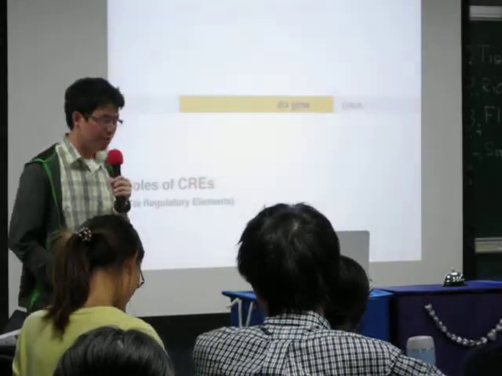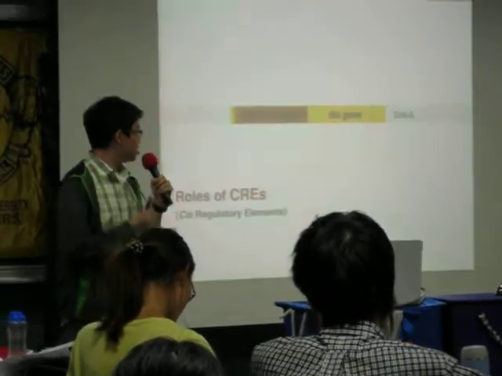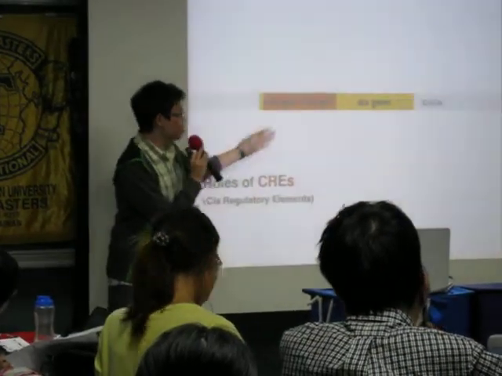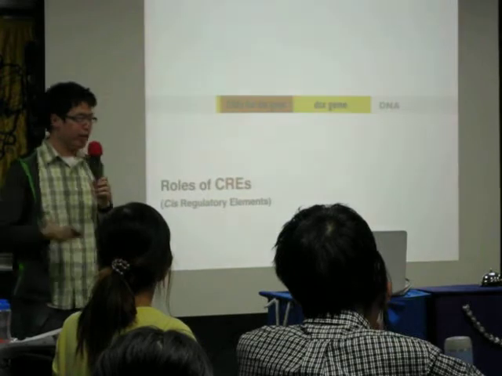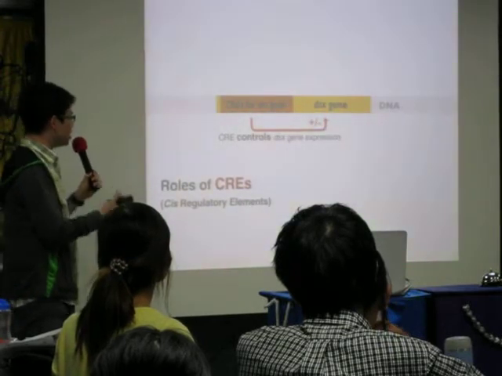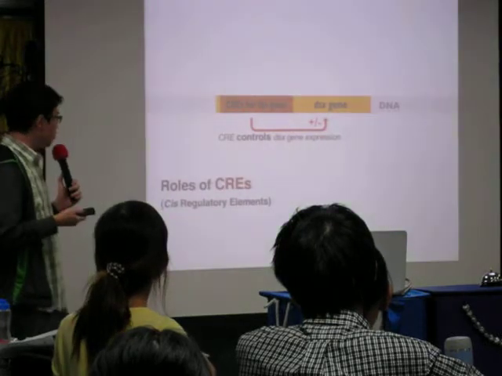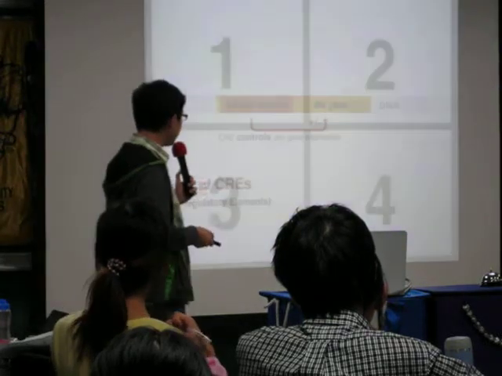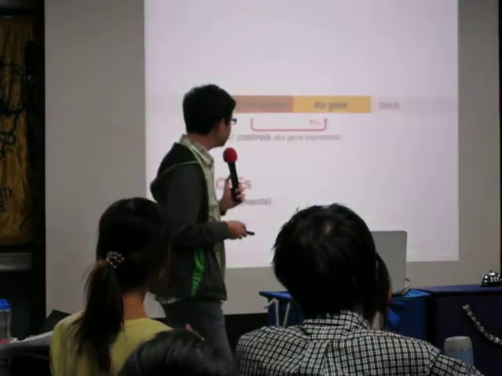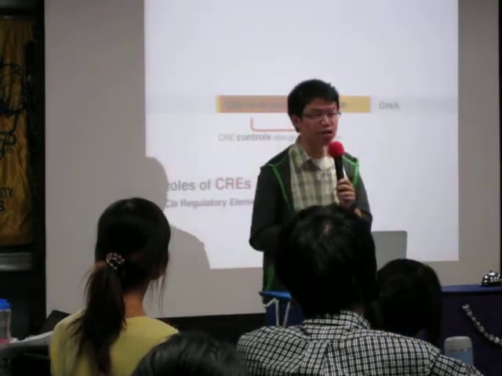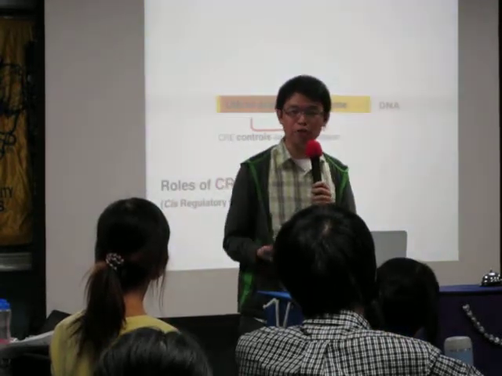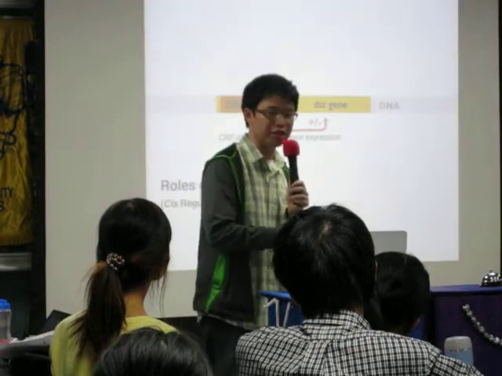How does it work? The cis-regulatory element is hidden inside the doublesex gene itself, and it can control the doublesex gene expression, either suppressing or enhancing it. So if we are able to find the precise position of the cis-regulatory elements, we are able to control the behavior of the doublesex gene.